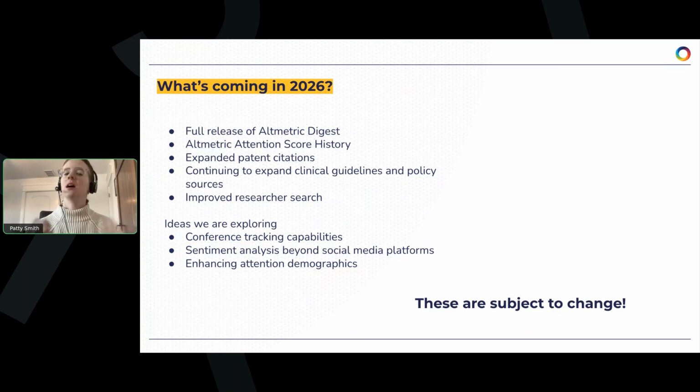Also sentiment analysis beyond just social media platforms, and enhancing our attention demographics. There is a demographics tab within Altmetric Explorer that we'll see briefly in the live demo, but we're going to see if there's anything more we can do to say these are the people talking about this research publication, getting a little more information around that.